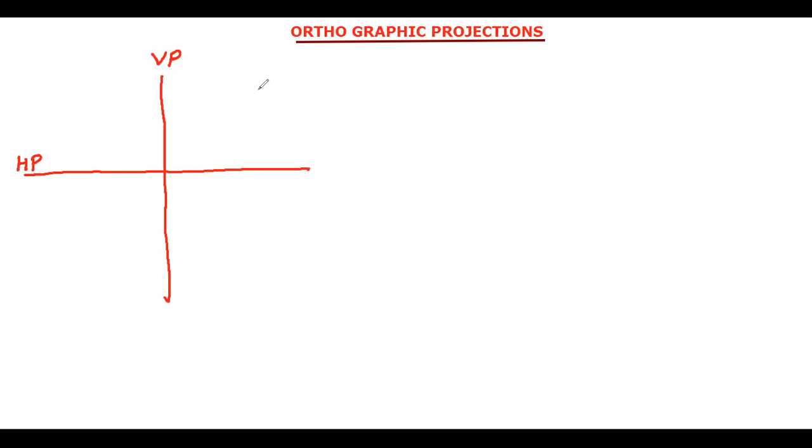Now I am considering a point A. What is this point, dosto? A point A, where I am considering this point A at a distance of 20 mm above HP and at a distance of 40 mm in front of VP. So how am I going to define this point?